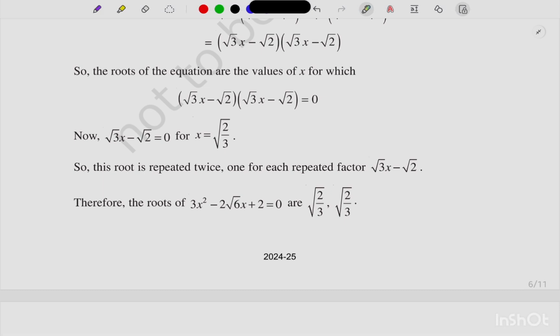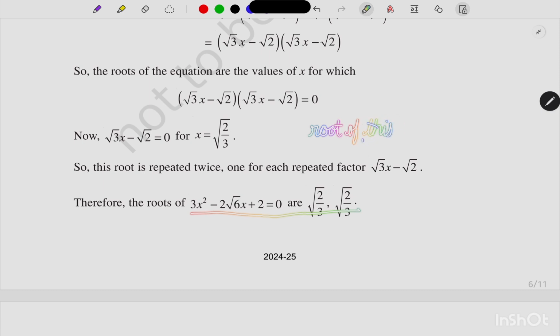So few things to note. You can either write it separately, that the roots of this are root 3 and root 3, but since root 3 and root 3 are the same, just say the root of this.